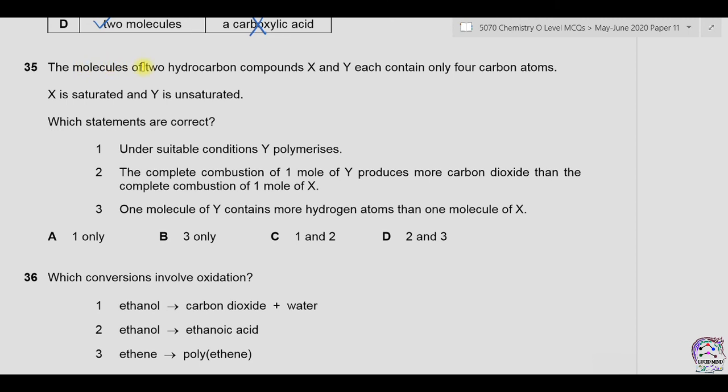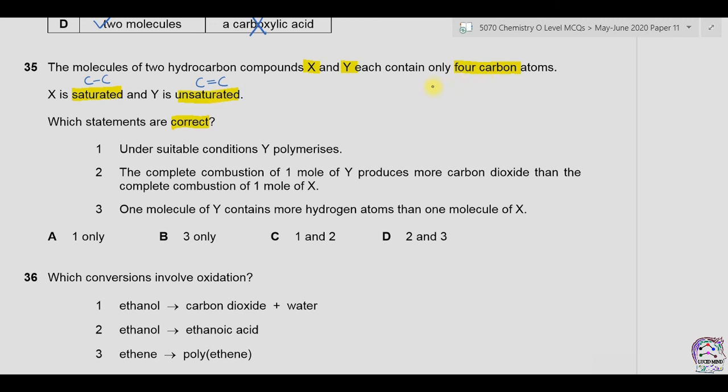Question 35. The molecules of 2 hydrocarbon compounds X and Y each contain only 4 carbon atoms. X is saturated and Y is unsaturated. Which statements are correct? Now saturated means that there are single covalent bonds between carbon and carbon, and unsaturated means the presence of a double bond between 2 carbon atoms.